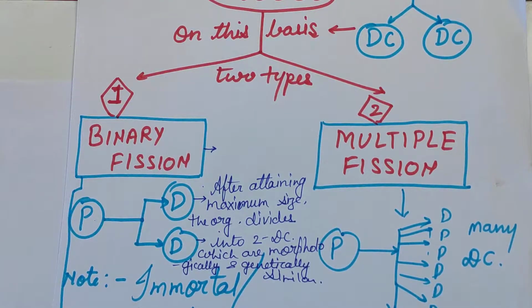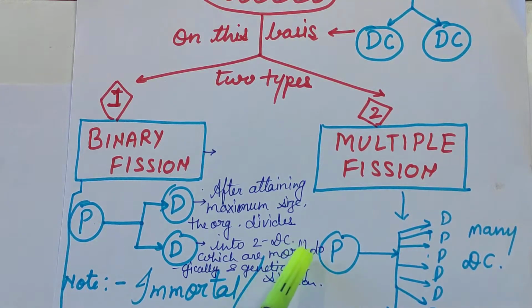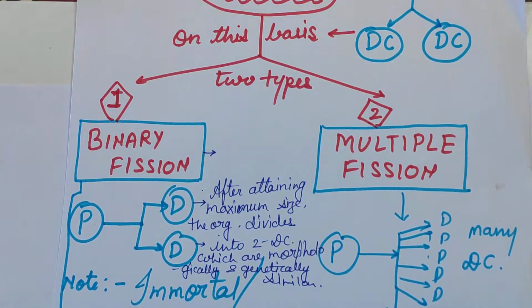It is a simple type of fission. After attaining maximum size, the organism divides again into two daughter cells, and this goes on. The two daughter cells are morphologically and genetically identical to their parent.